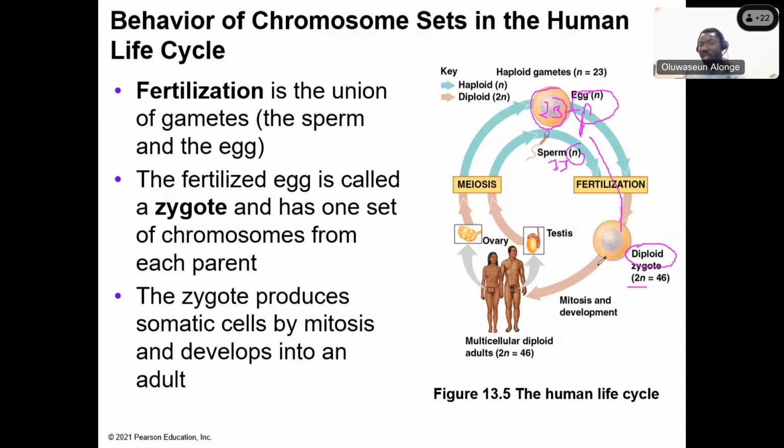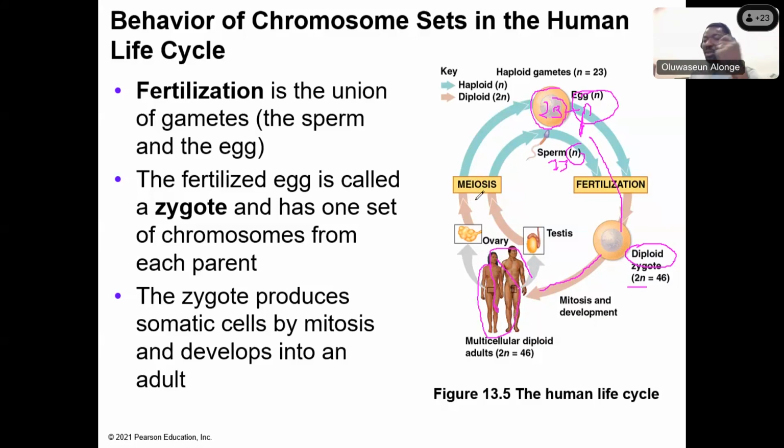All right. Then the zygote here is what is produced when there's fertilization. This zygote then goes ahead and undergoes mitosis, which will produce this man and this woman. Now, the man and the woman again undergo meiosis, and their germ cells will produce the sperm and the egg through meiosis.